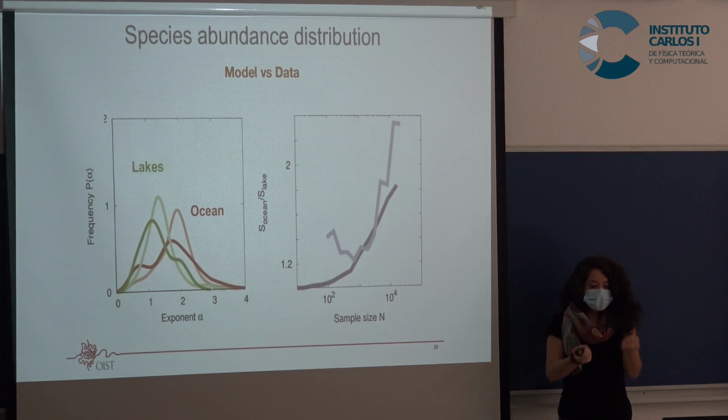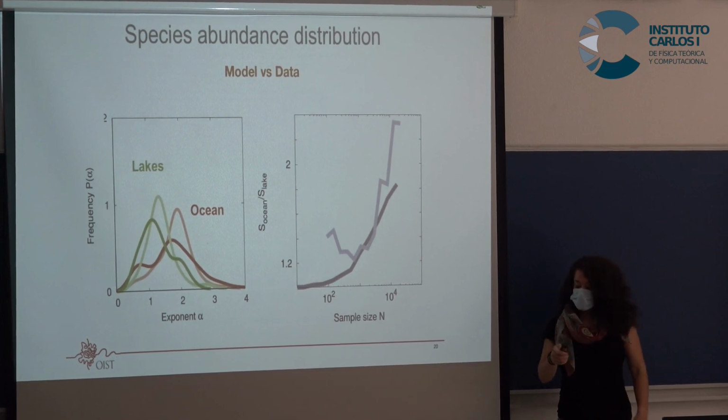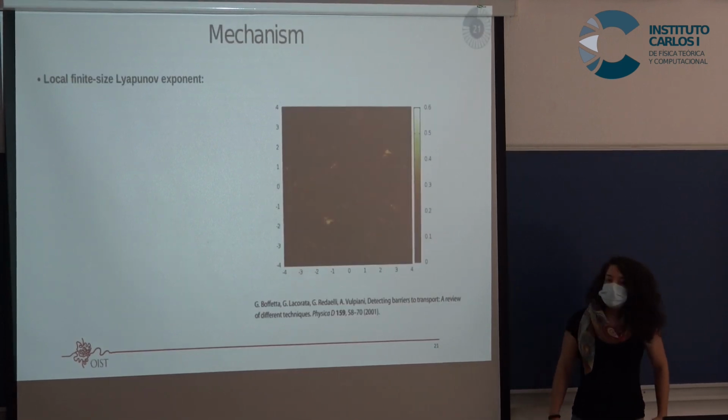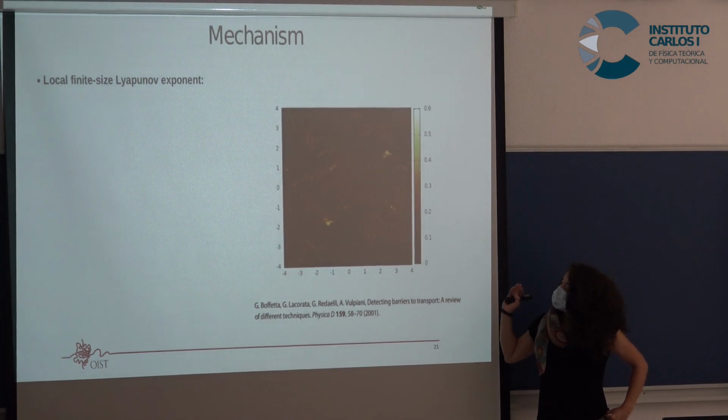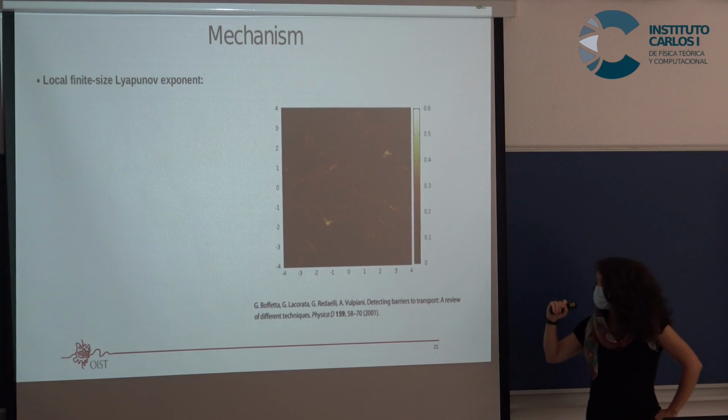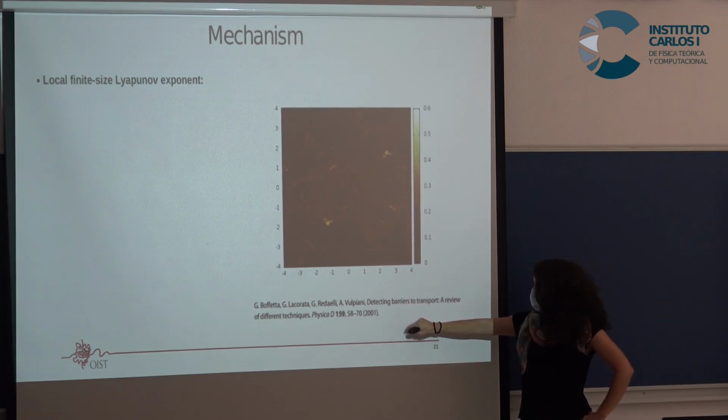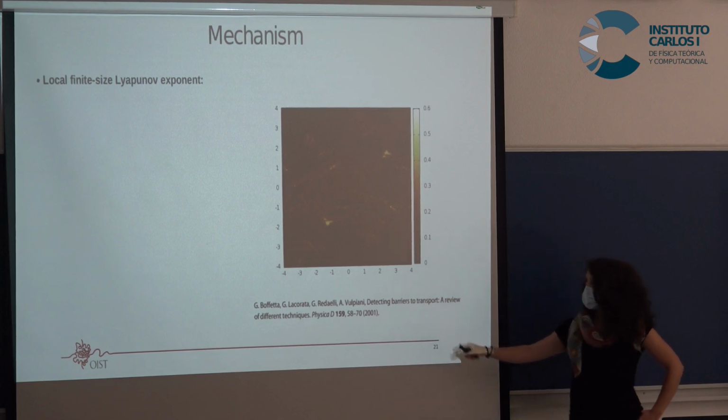Now we have the model, we can know what is happening with the sample exactly in time, with the flags, analyze everything. So what we do is to analyze the local finite-size Lyapunov exponent, which is described here, detecting barriers to transport.